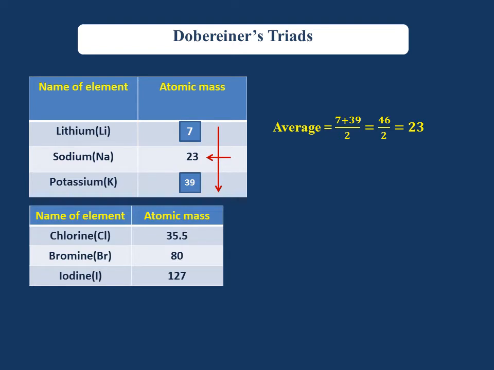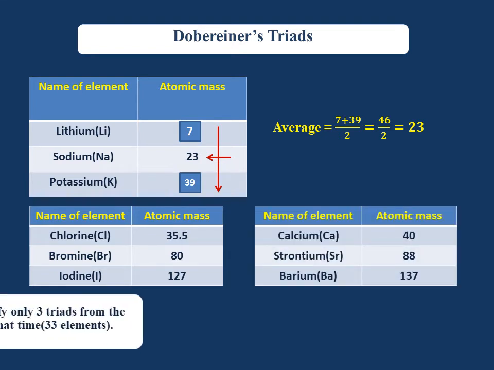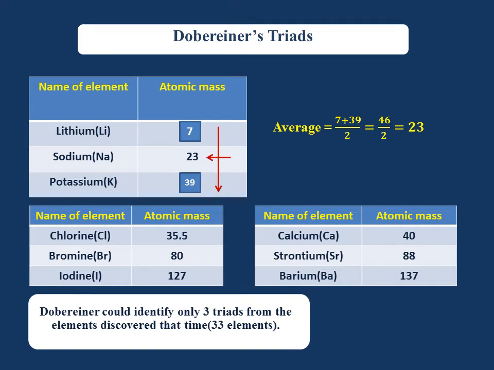Here are two more triads that follow the same rule, but Dobereiner could identify only three triads from the elements discovered at that time. Only 33 elements had been discovered at that time, and this is the limitation of the law of triads.